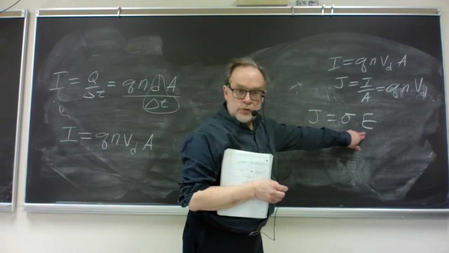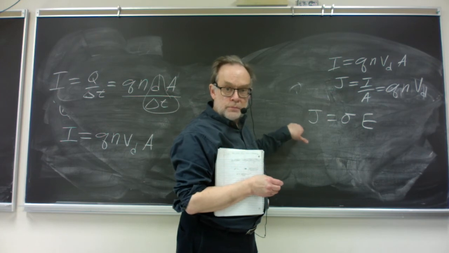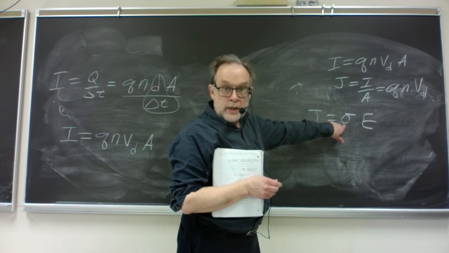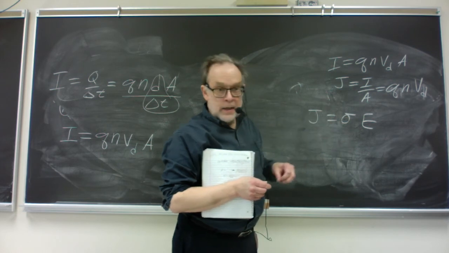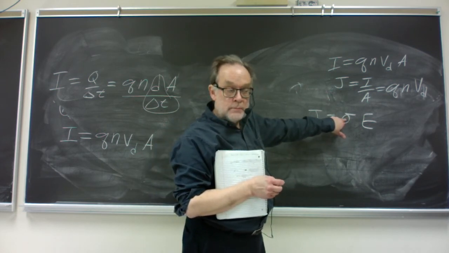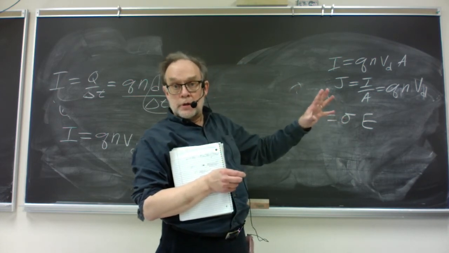The strength of the electric field is directly proportional to the current density. And this thing here, lowercase Greek letter sigma, is the proportionality constant, and it measures how good of a conductor the material is.